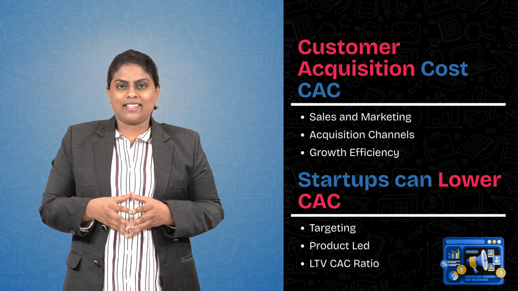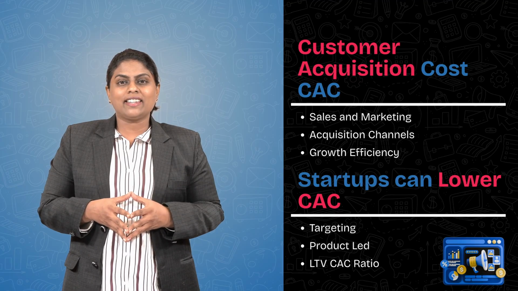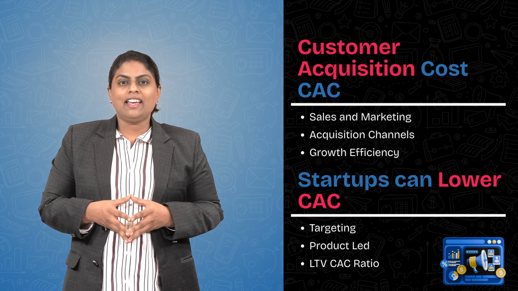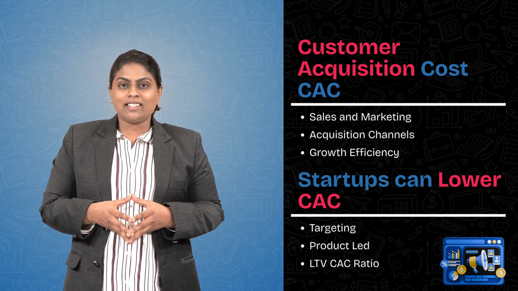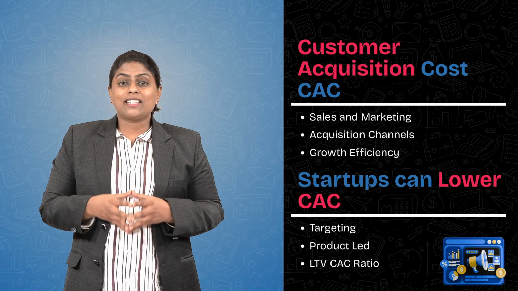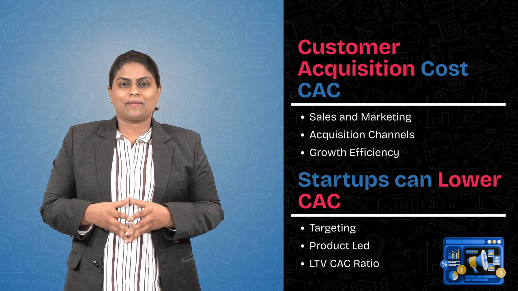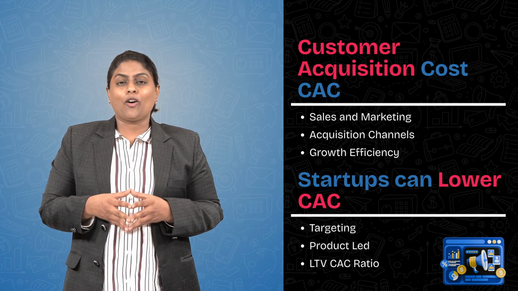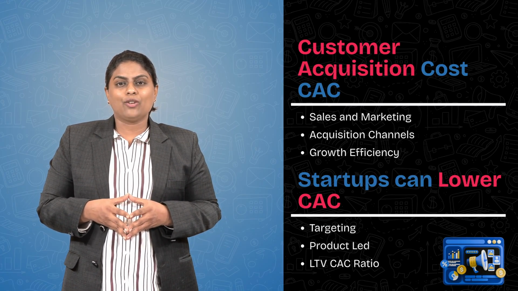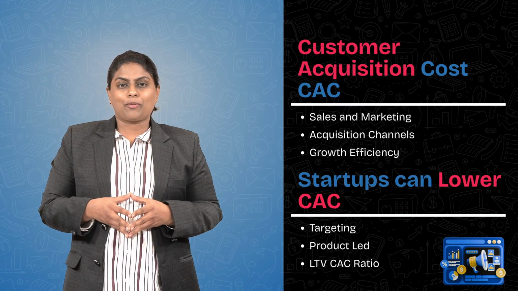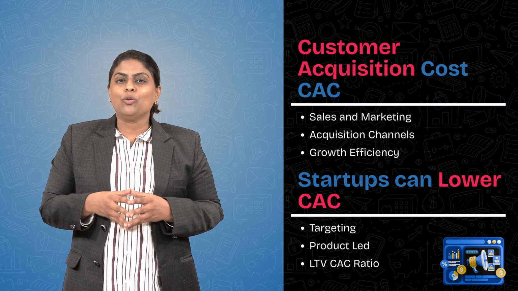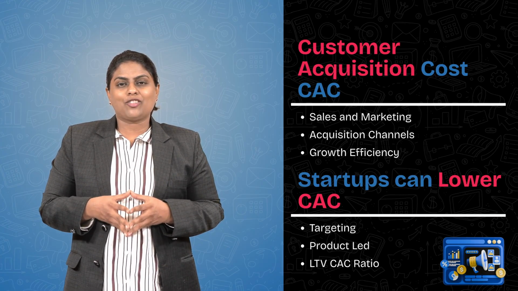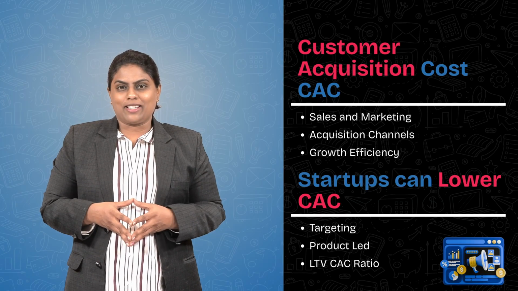Startups can lower CAC by improving targeting and segmentation, increasing organic and referral channels, and raising conversion rates along the funnel so that the same spend produces more customers. Product-led growth strategies that use free trials or freemium tiers often reduce CAC by allowing the product experience, rather than human sales, to drive adoption, though they must still manage conversion from free to paid users.